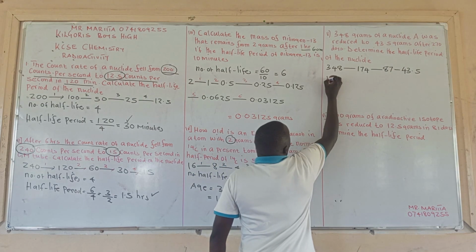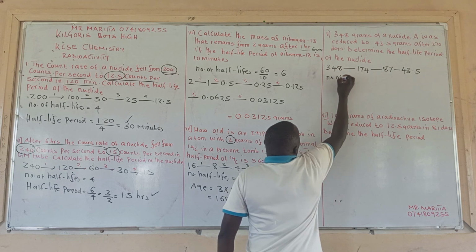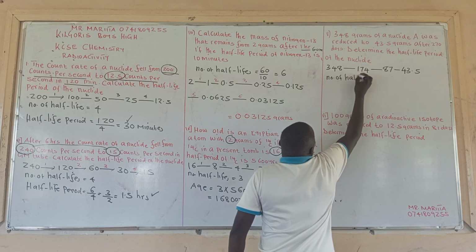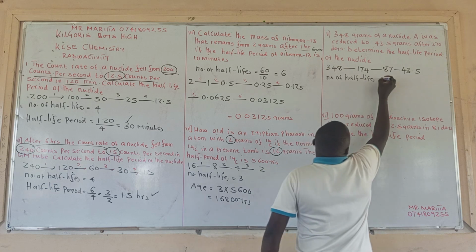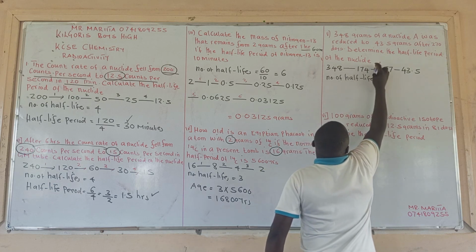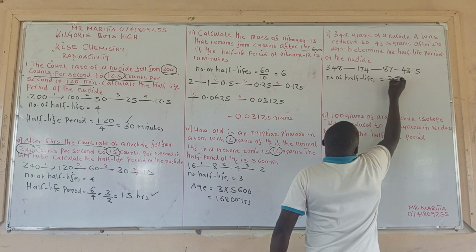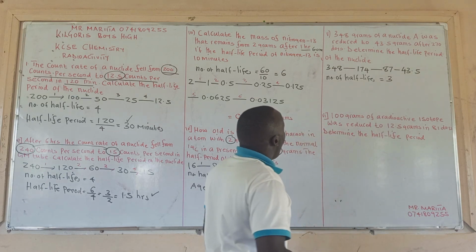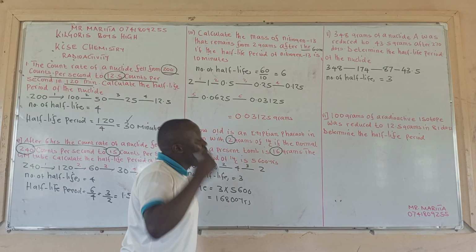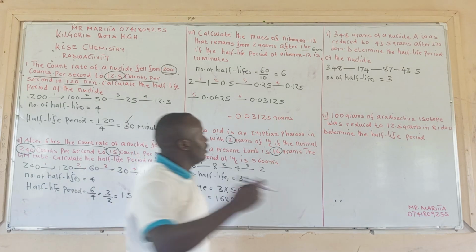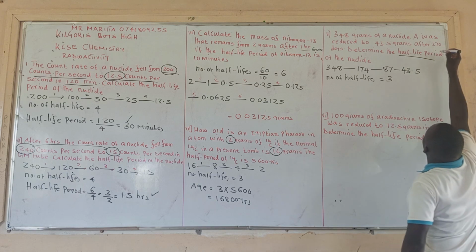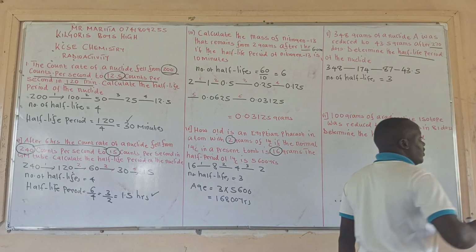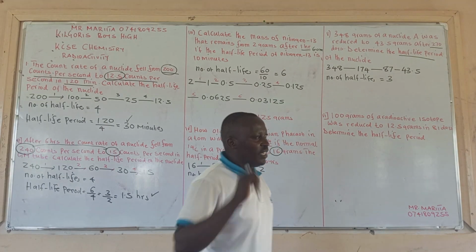So here now we need the number of half-lives. The number of half-lives in this case is 1, 2, 3. So we have 3 half-lives. And now we need to determine the half-life period, given that the mass dropped after 270 days.